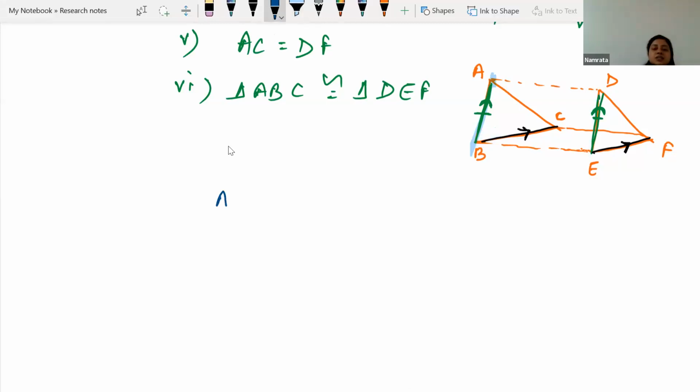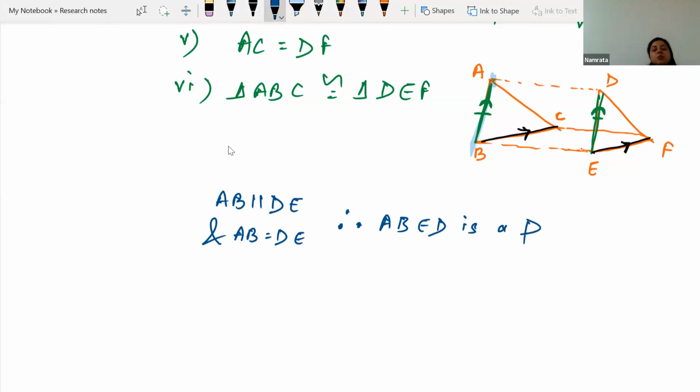Since AB is parallel to DE and AB is equal to DE, therefore ABED is a parallelogram. One pair of opposite sides is parallel and equal, and that is enough to justify that it's a parallelogram. We are done with part 1.